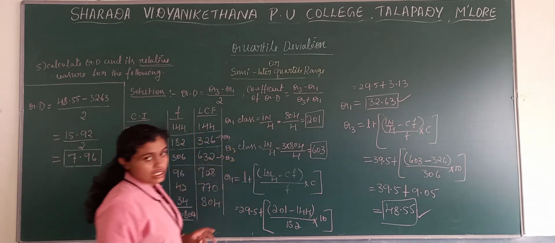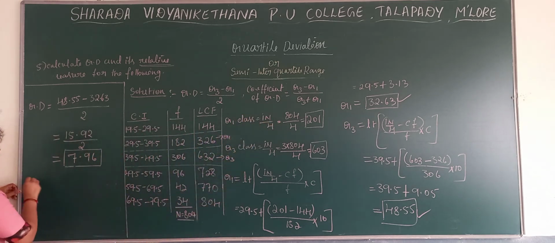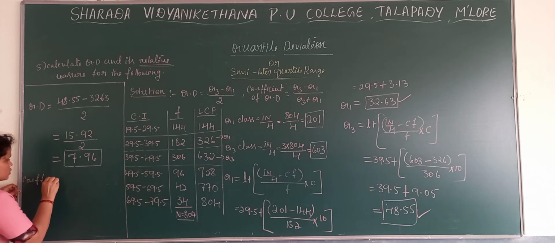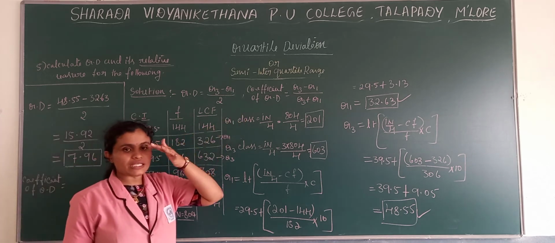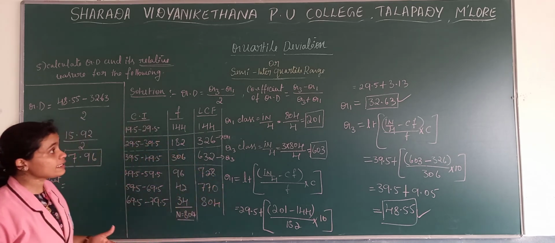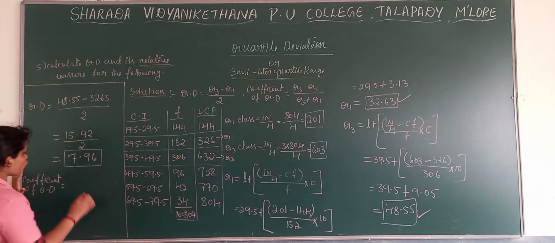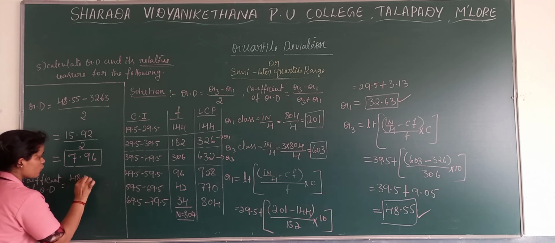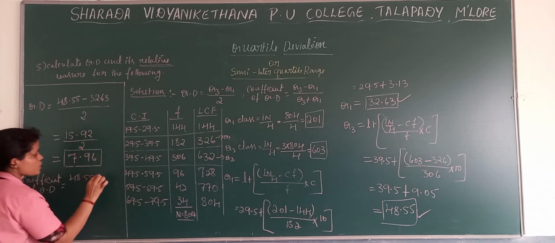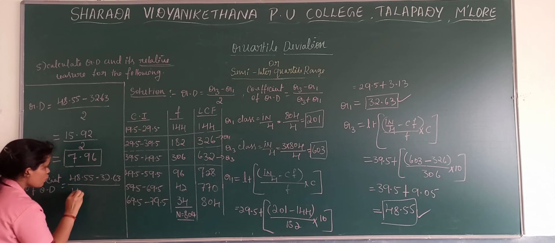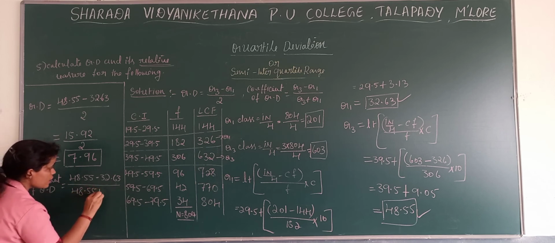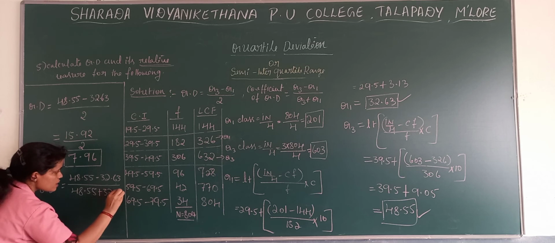Now we will see what is the coefficient of quartile deviation. So here the coefficient of quartile deviation formula goes like Q3 minus Q1 divided by Q3 plus Q1. Q3 value is 48.55 minus once again 32.63 divided by 48.55 plus 32.63.